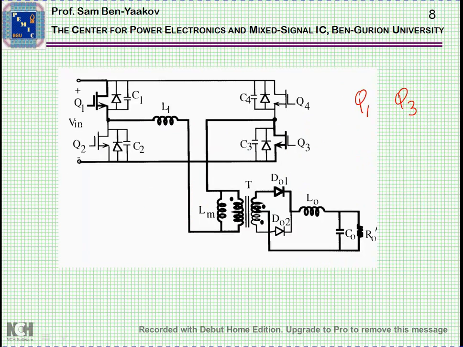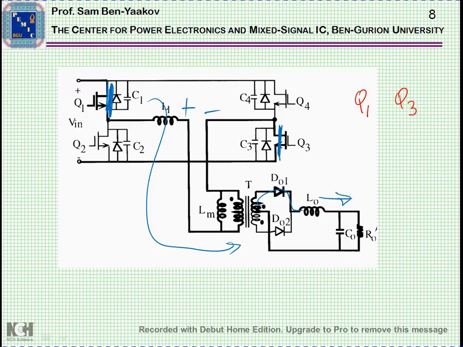So let's see how this works. Let me start with the powering stage. That is, this transistor is on, this transistor is on, so we have plus here, minus here, this diode is on, and power is moving toward the output.